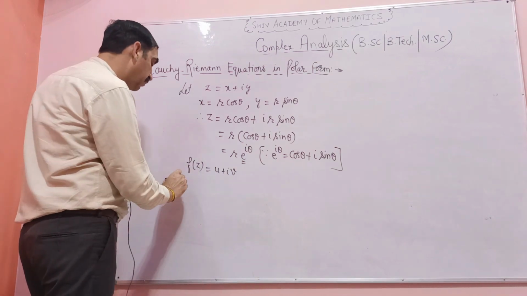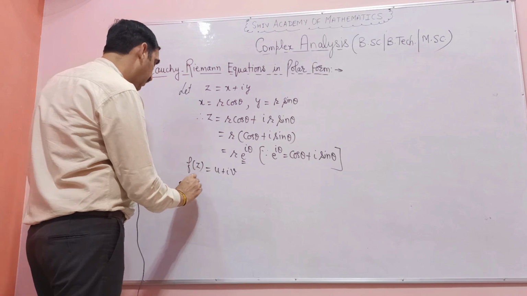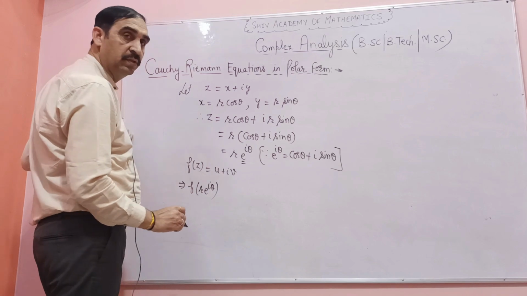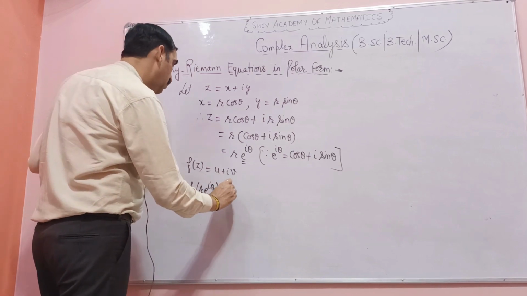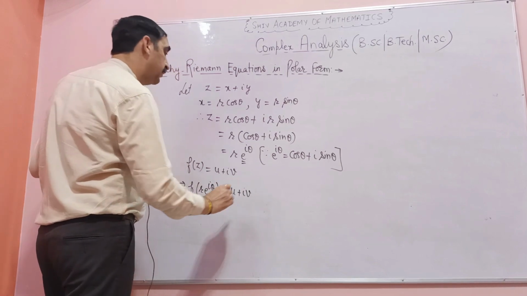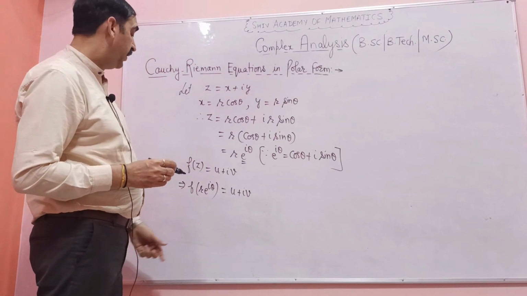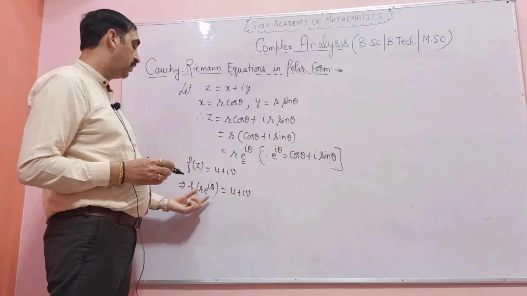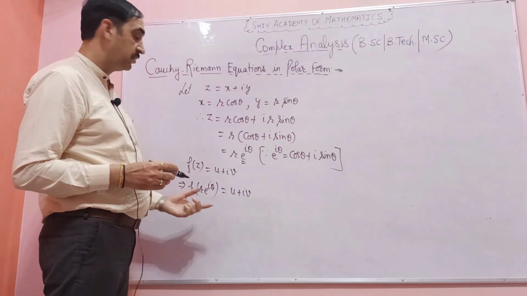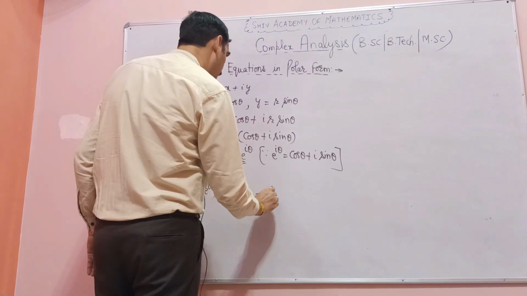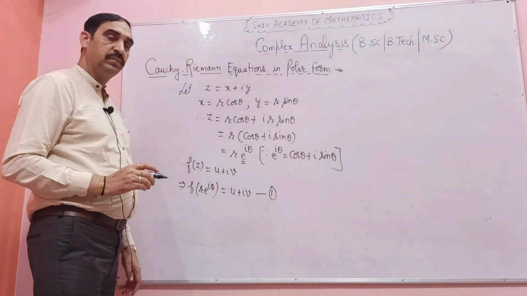So it implies f of r e to the power iota theta is equal to u plus iota v. So u plus iota v is equal to f of r e to the power iota theta. We take it as 1.